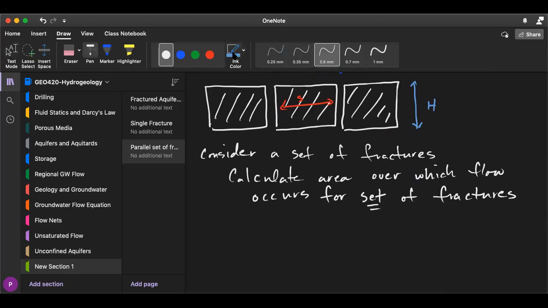So first, the height, H, would define the height of our fracture, right? Then we've got the aperture per fracture.